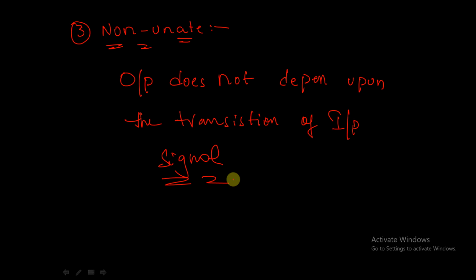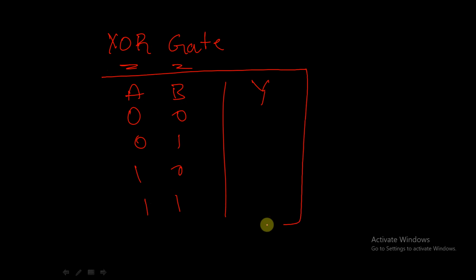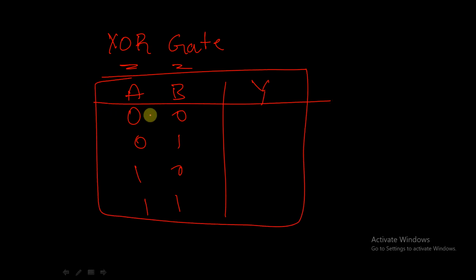So for example, we can take the example of the XOR gate. In case of XOR gate, if we have inputs A and B and output Y, 0 0 0, 0 1 1, 1 0 1, 1 1 0, this is my truth table, right? So tell me whether the output is depending upon only one input or it is depending upon both the inputs.